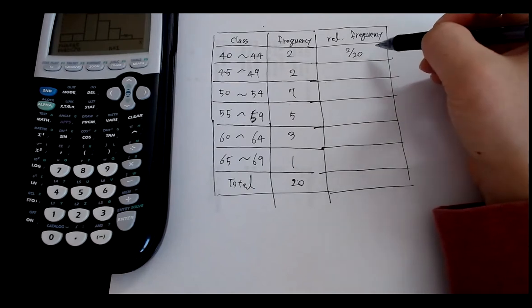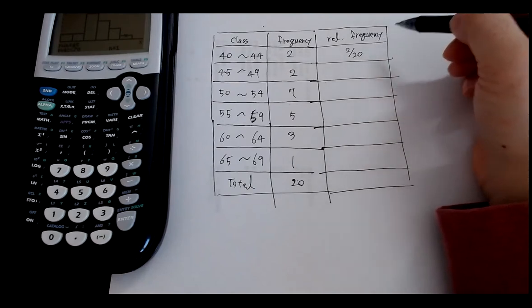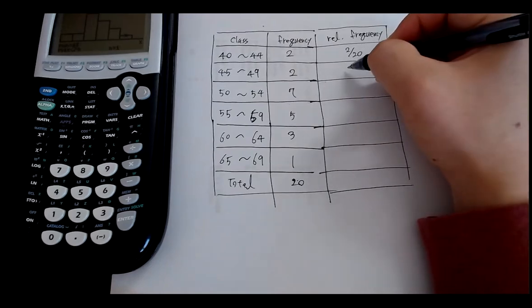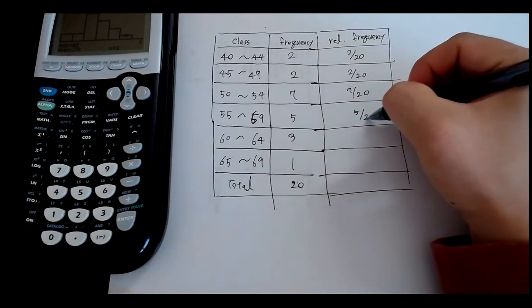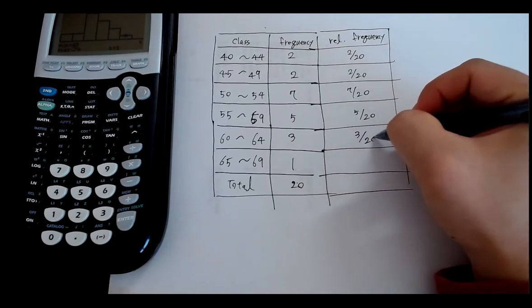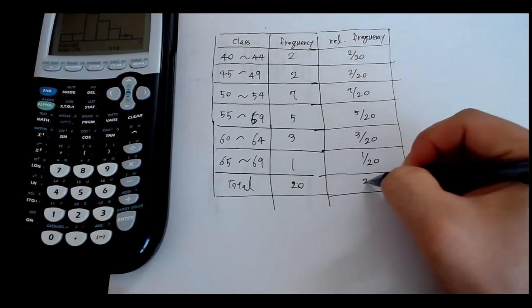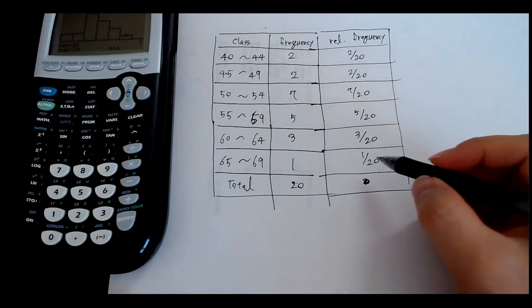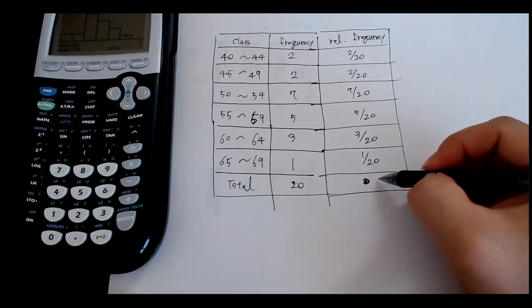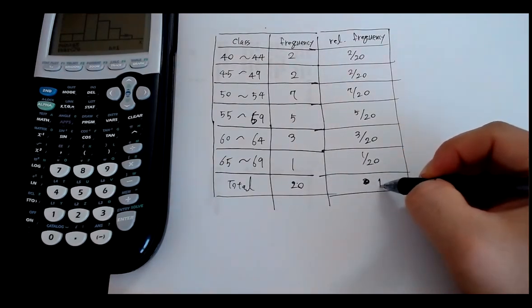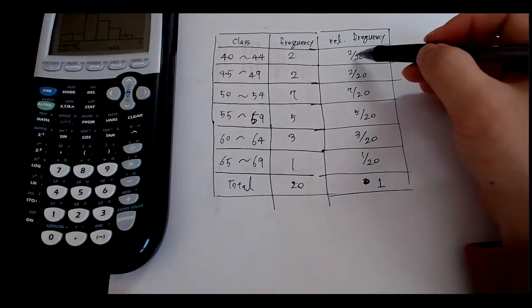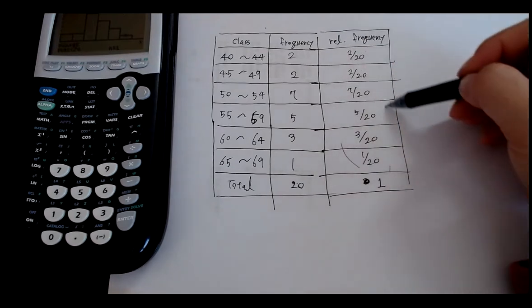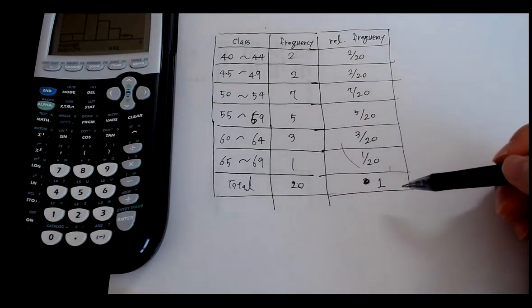Then you have to multiply by 100. But just leave it, and this is 2 over 20, and then 7 over 20, and then 5 over 20, 3 over 20, and then 1 over 20. And the total, in this case, must be 1, right? So the sum of all these relative frequencies must be equal to 1, right?